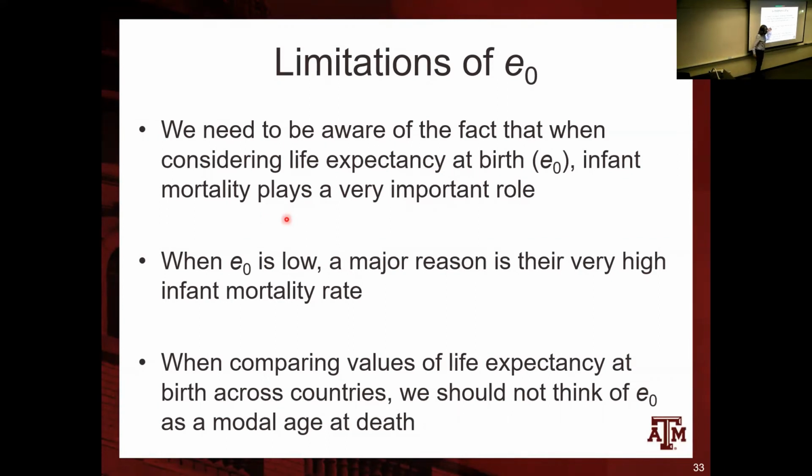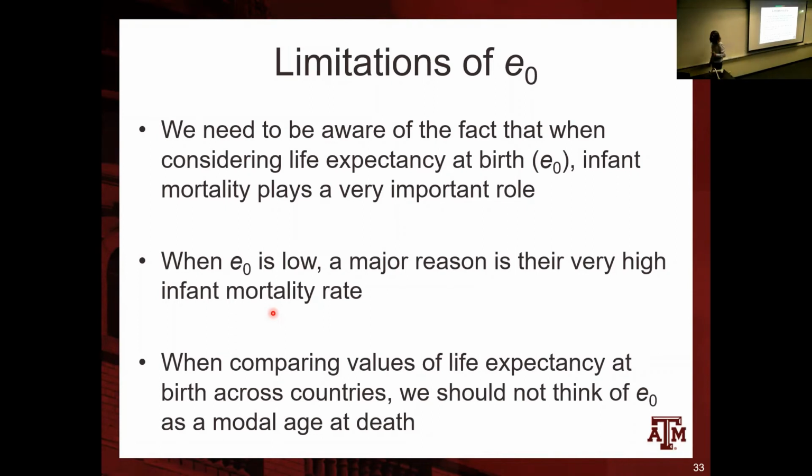When the life expectancy at birth is very low in some countries, a major reason is because the infant mortality, the age-specific mortality rate of that first age group, children dying before reaching age 1, is high. So that puts life expectancy at birth at lower levels.